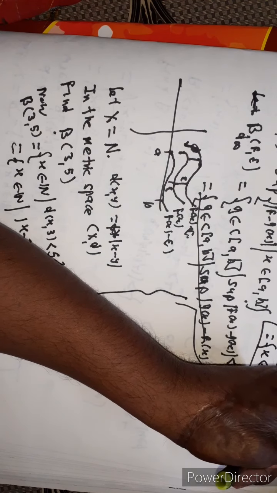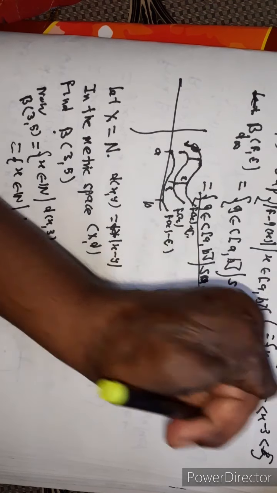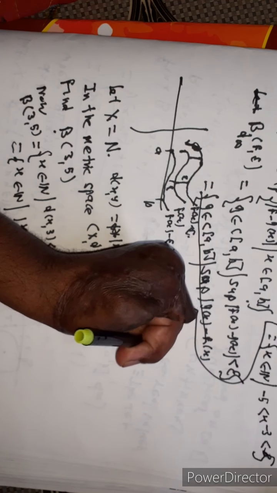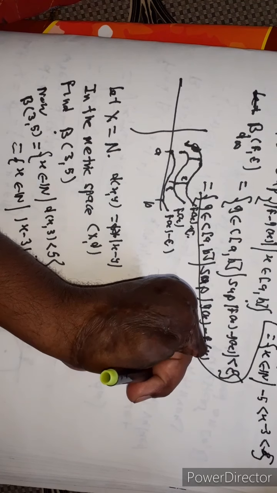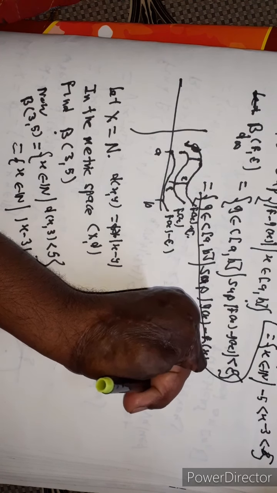Adding plus 3 to both sides, it is the set of x belonging to N, that is, the set of natural numbers, such that minus 5 plus 3 is less than x is less than 5 plus 3.